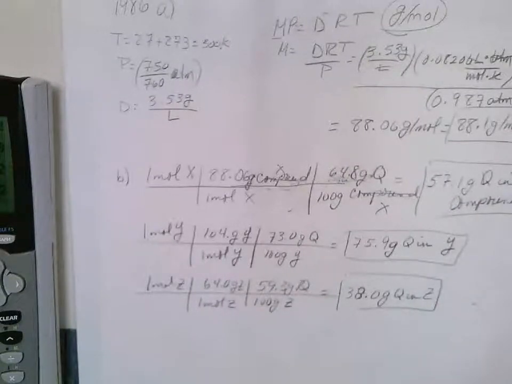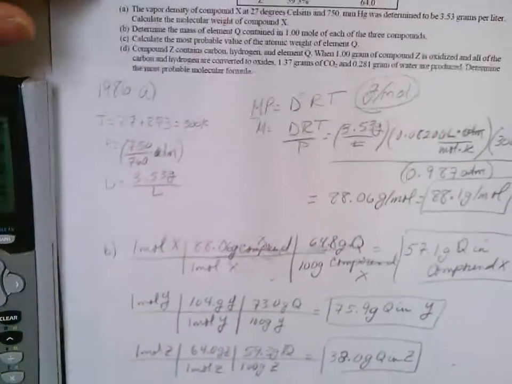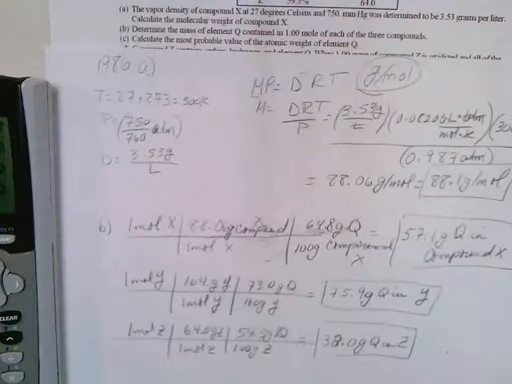So pretty straightforward, the same exact process, just changed it to the different molar masses and the different percentages. So part C says, calculate the most probable value of the atomic weight of element Q. So they have to be ratios of each other.